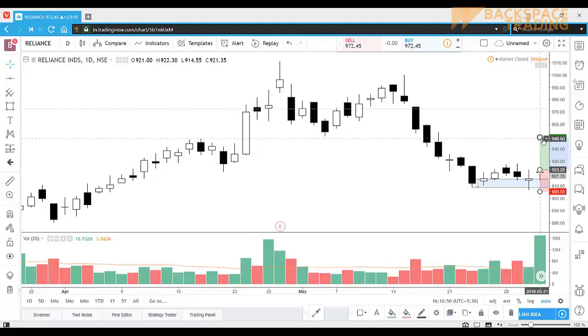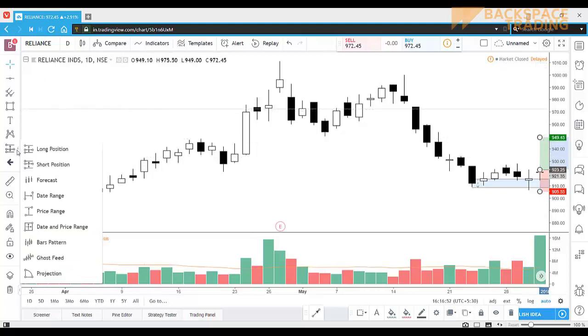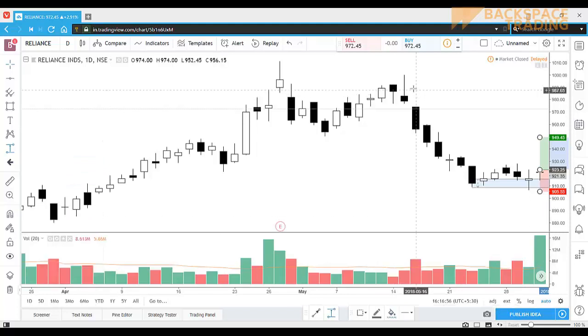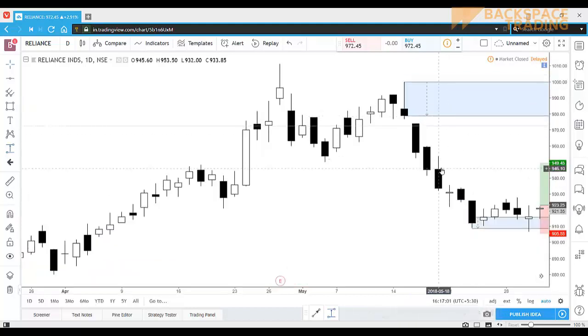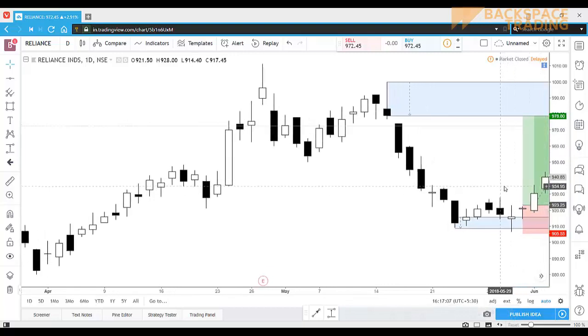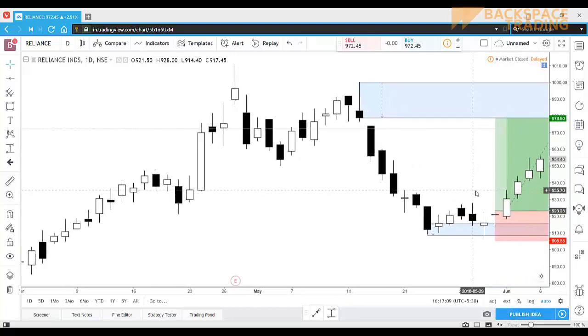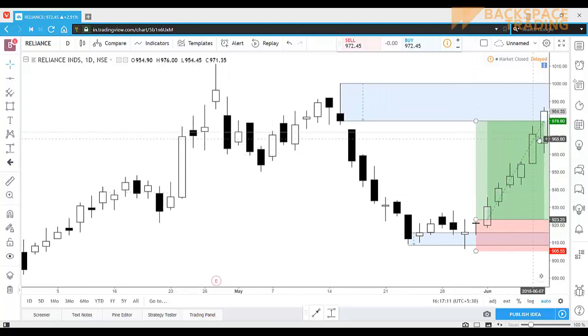What should be your potential target? This is possible, right? So this is your potential target. What happened? It started moving up, it got triggered, it went up, and you got your money.